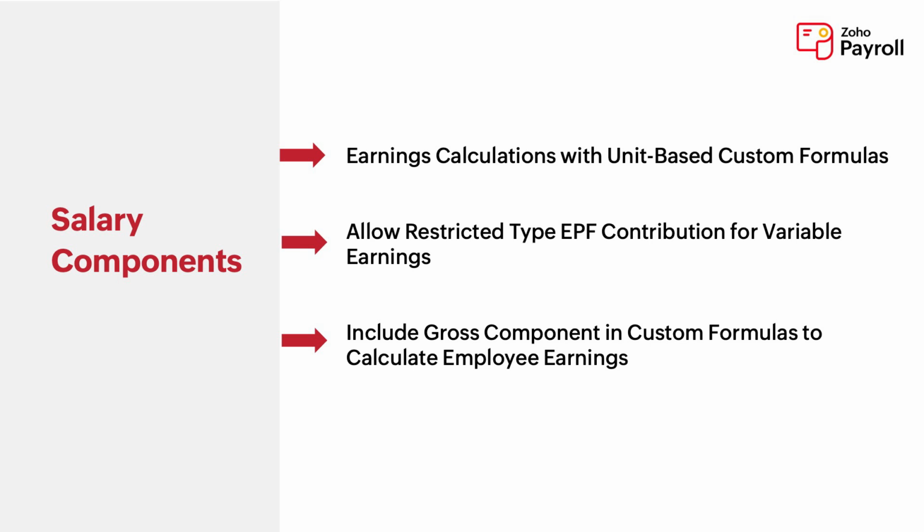Now it has an even further advancement of entering it based on units, so you can input the number of units for computing a specific variable pay. Also we have introduced restricted EPF contribution for variable earnings, and the option to include gross components and custom formulas to calculate employee earnings. Now we will take a look at the payroll application and see how we can create these components associated with the employees as well.